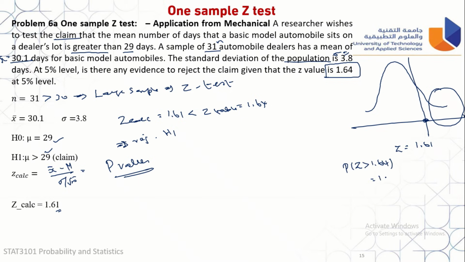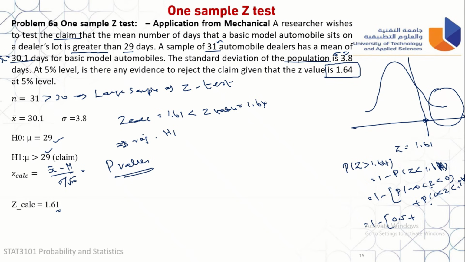Which is equal to 1 minus probability of z less than 1.61, which is equal to 1 minus probability of minus infinity less than z less than 0 plus probability of 0 less than z less than 1.61, which is equal to 1 minus 0.5 plus the probability for 1.61.